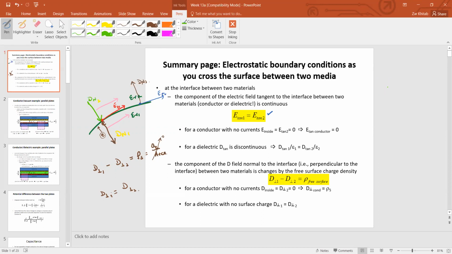In free space there's nothing: no mass, no positive charge, no negative charge, not even an atom or a neutral particle. So that's the kind of thing which has no free charges. You can say that epsilon r is one for free space. Though it's not a dielectric because it's not a material, its behavior is like a perfect dielectric.